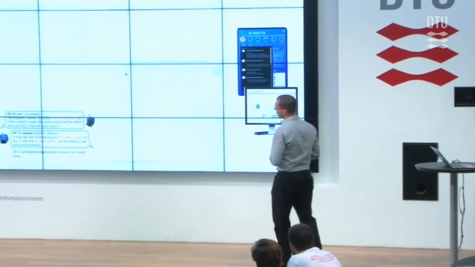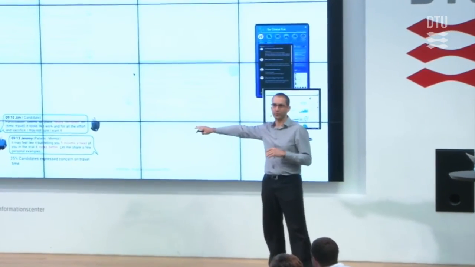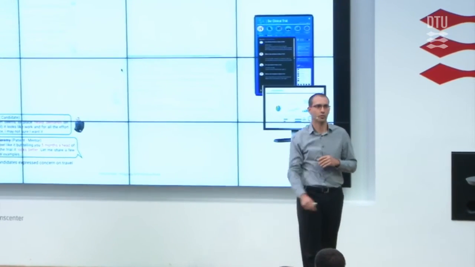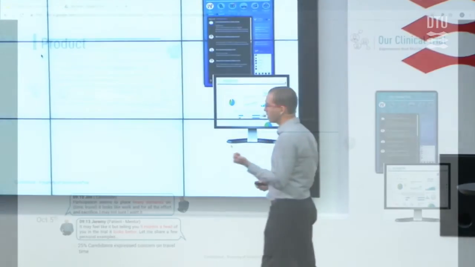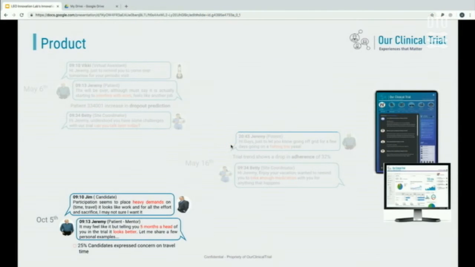A few months later, Jeremy is completely engaged by now. He's a mentor to a different patient. He's providing him with insights from his experience and information. Now we can start extracting patients' concerns in the trial, candidate concerns before trial, or continuous patient feedback on the product.